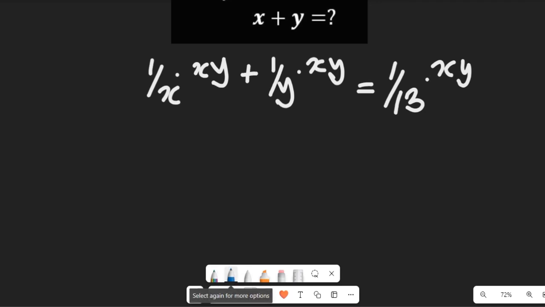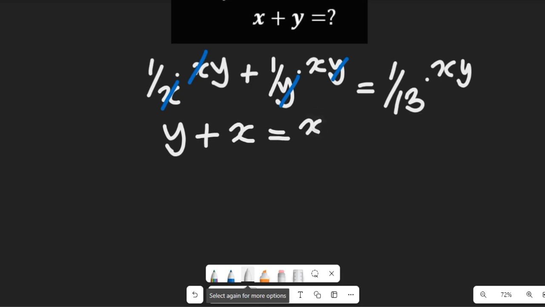In the next step, we're going to clear this up. x is going to clear up x here, and then this is going to give us y plus x times 1 is x, equal to xy divided by 13. Great. So we now have one fraction only on one side.